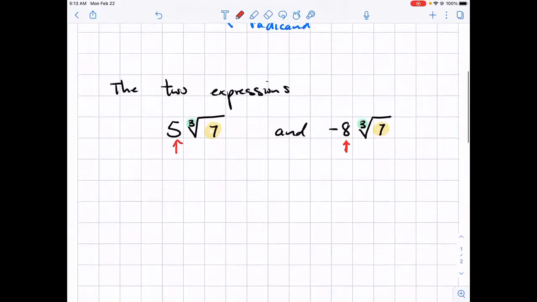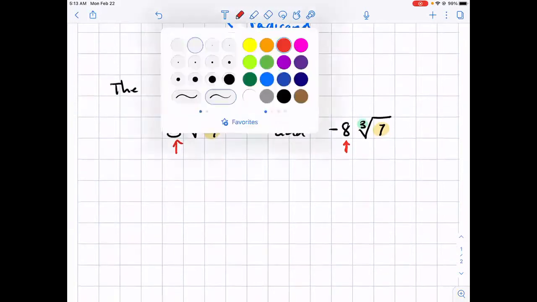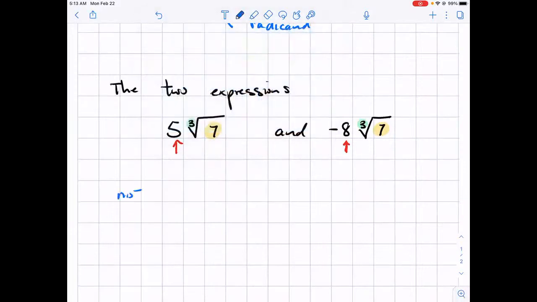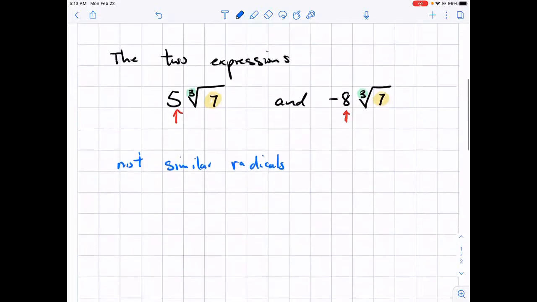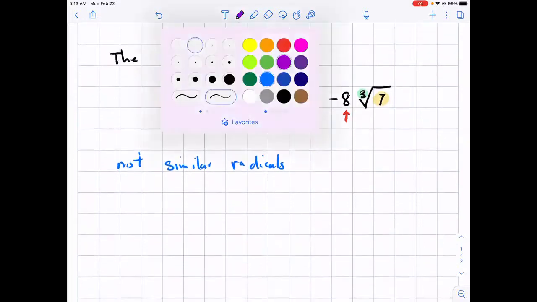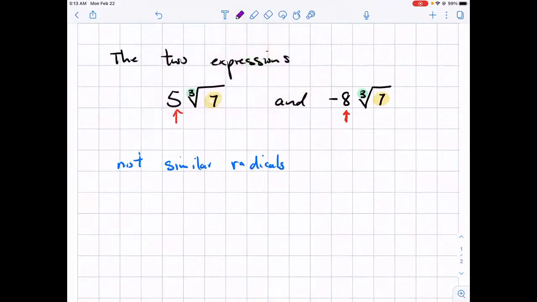So also, what is not similar radicals? If we have here, for example, 3 times the 4th root of 5, and let's say we have 7 times the cube root of 5.